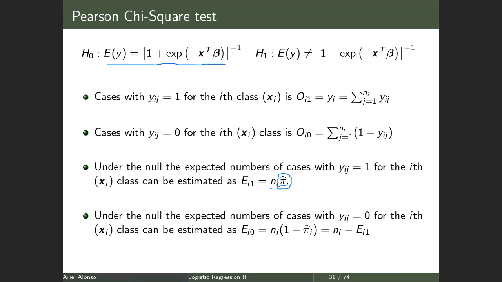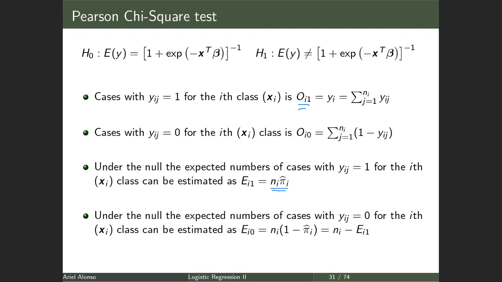That's the prediction of my model. And if you multiply the predicted probability of success in treatment i by the sample size in treatment i, this will be the expected number of successes in group i. And this is the observed number of successes. So this is what your model predicts. This is reality. And now we can compare these two, right?